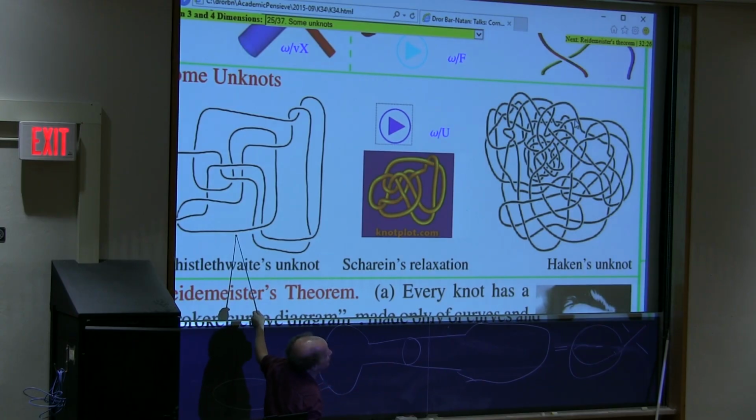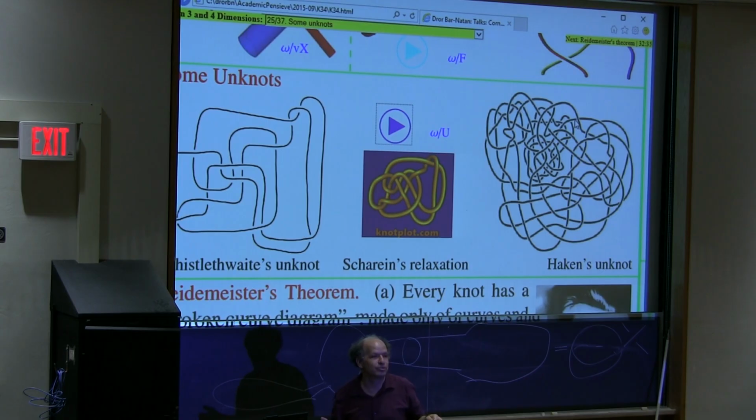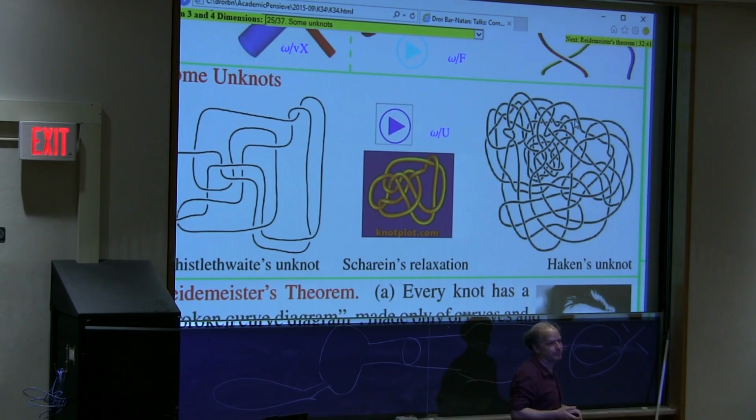This one will take you even longer to digest, and there's no movie to help you. And this example by Haken is designed to make it very hard to tell for a machine, or even for a human, whether or not this is knotted.